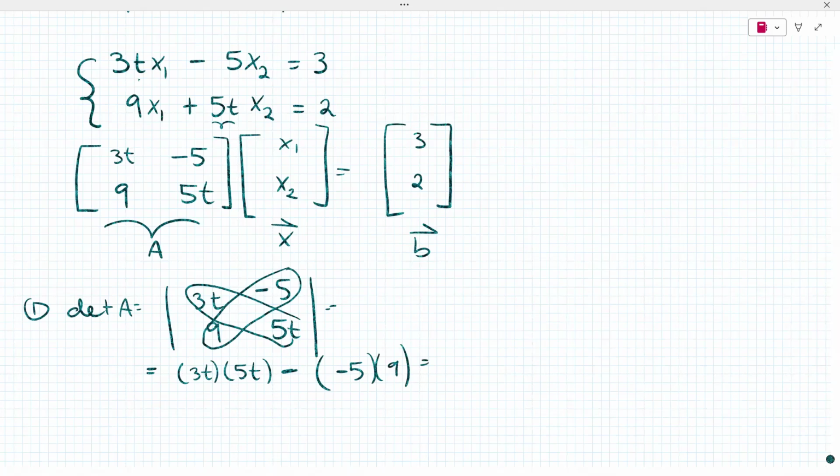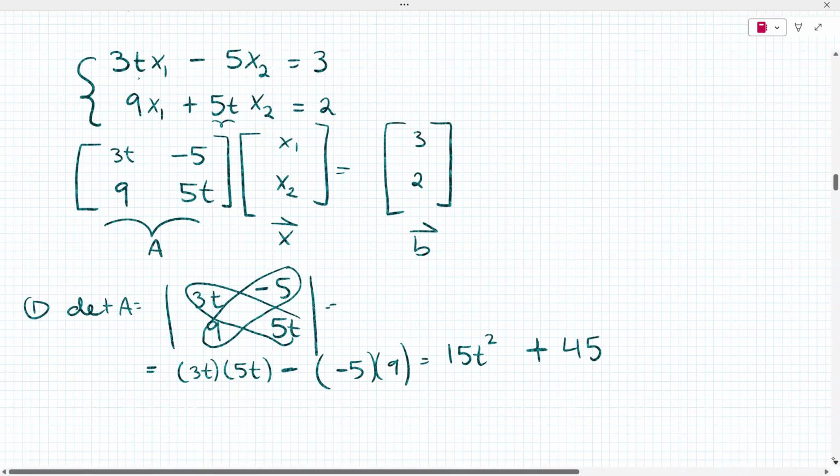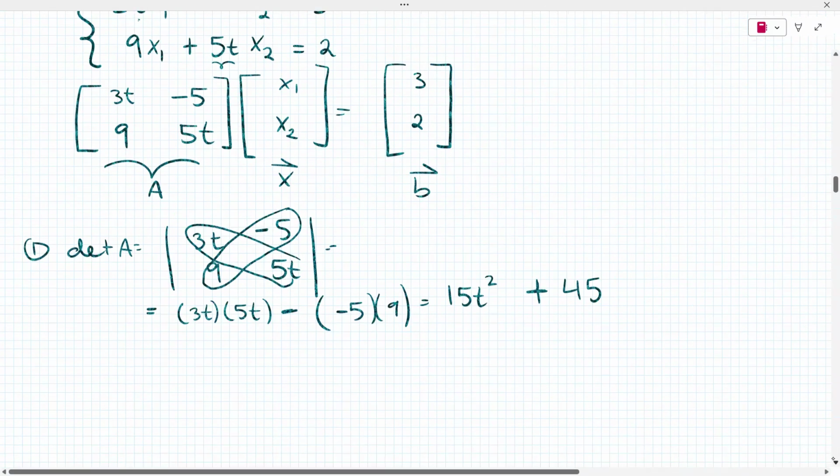So 3t times 5t would be 15t squared. And then it's minus, and the minus becomes positive, and 9 times -5 is 45. Okay, so we just found the determinant of A. Now let's find x1 and x2.